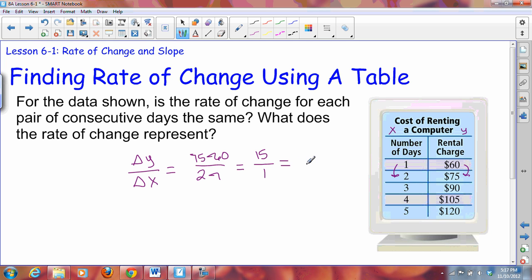Okay, so our rate of change is 15. What does the rate of change mean? Well, that means that you are charged $15 per day. Now, there's obviously an additional fee, but we're just asking what the change represents, and that's how much your price changes per day.